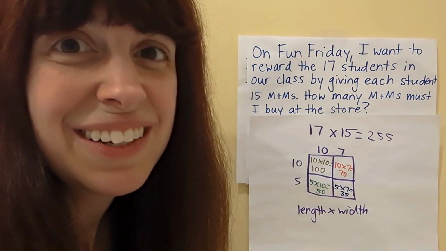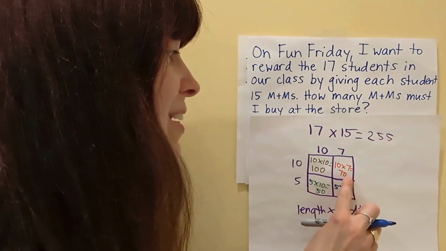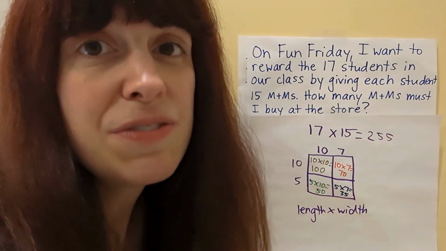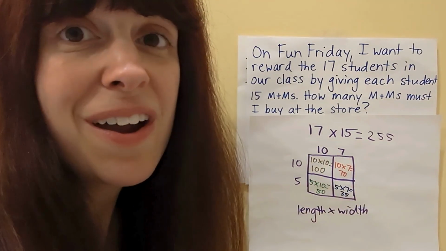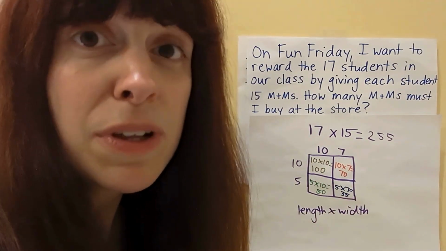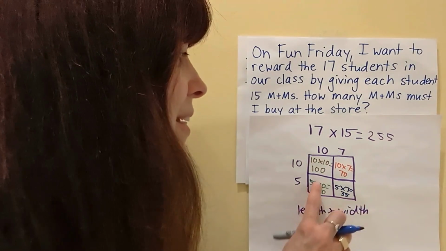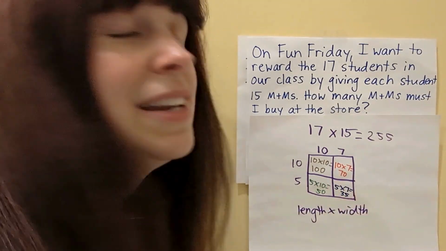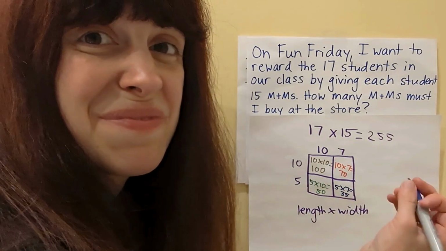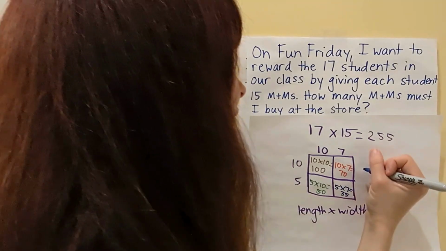Are we done? No. 100, 70, 50, and 35 are what we call partial products. We broke apart our factors into parts, multiplied those parts, and now we need to add the products up to get the final product. Now, how can we add these products up? Addie's saying add across.